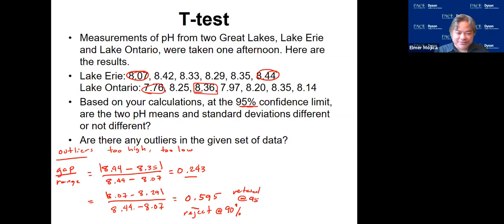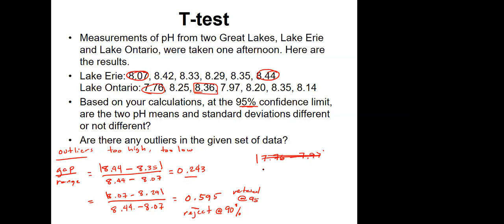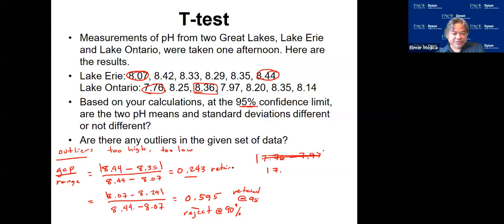So let's go to the other one. So you have here 7.76 minus, what's the closest to 7.76? 7.97? Professor, for the 0.243, do we also retain it or reject it? You retain it because it's lower than the value that you have.